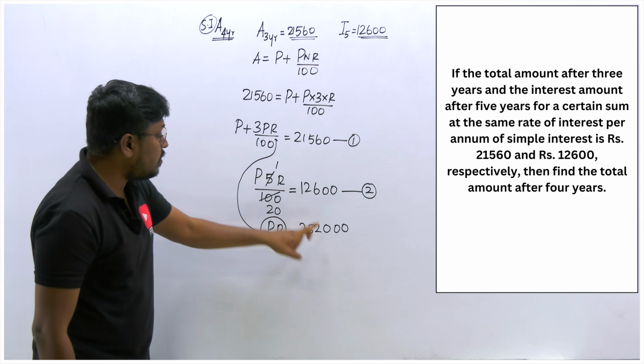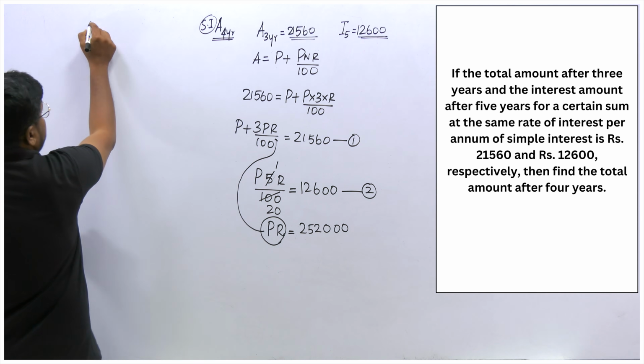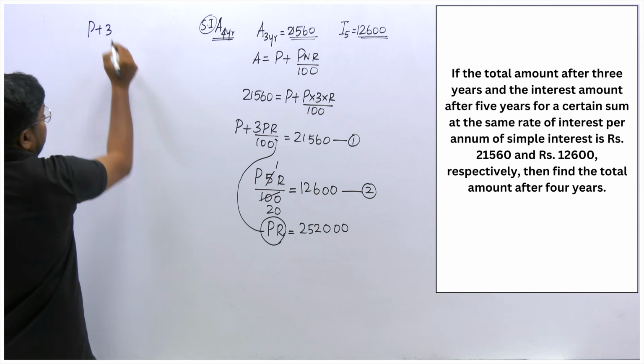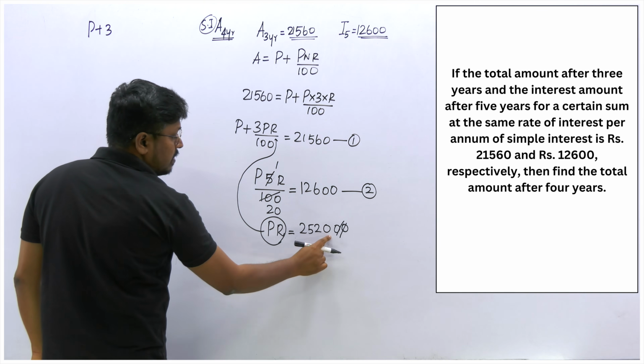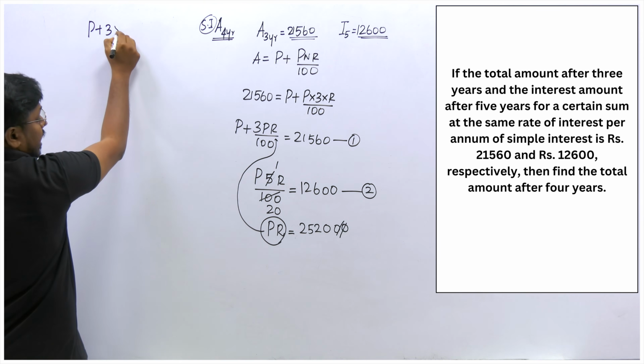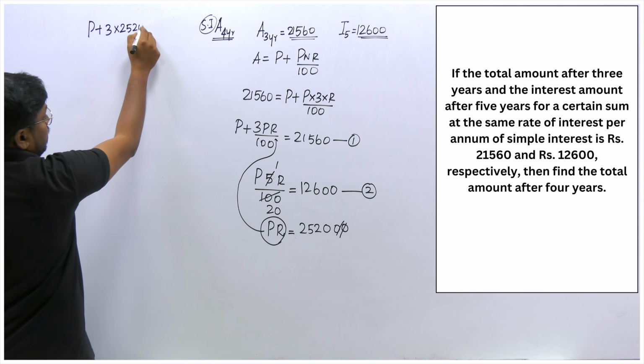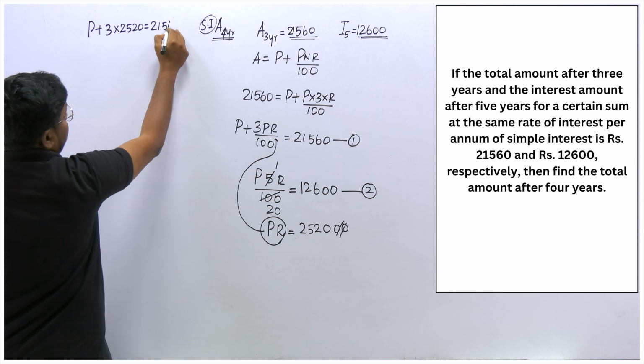So once you substitute 2,52,000 here, this equation will be P plus 3 into 2,52,000 by 100. We can cancel 20 and 20, so the remaining value is 3 into 2,520, is equal to 21,560.